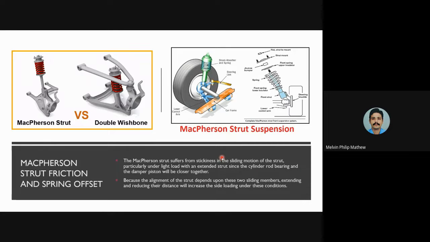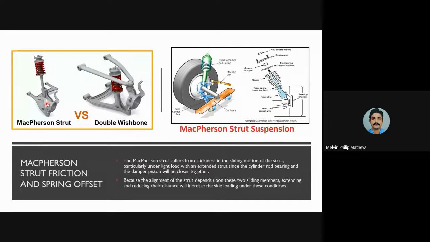The double wishbone itself is a sturdy material, and it will contribute much more weight when compared to this type of arrangement inside the MacPherson strut. For that reason, it is cheaper and lighter, thereby reducing the cost of installation of the MacPherson strut suspension onto the vehicle.